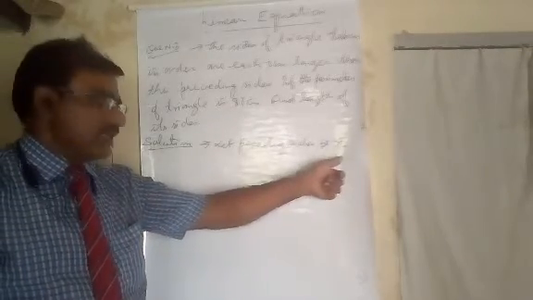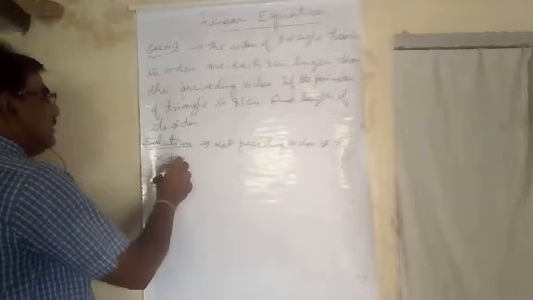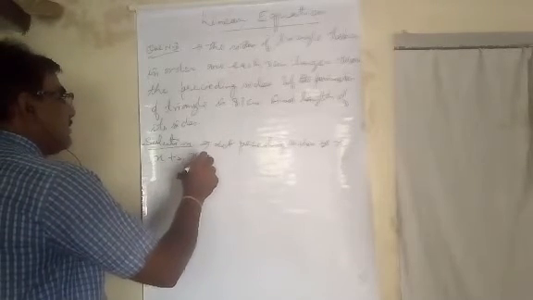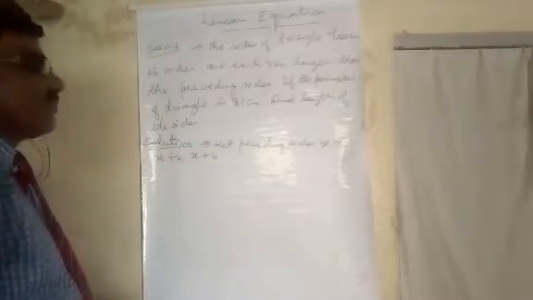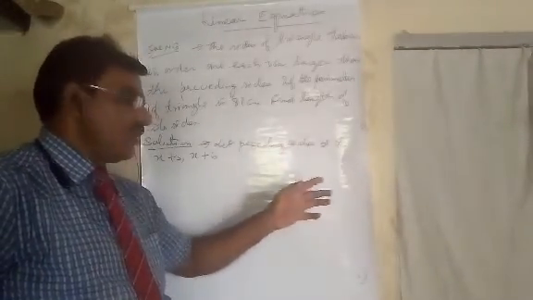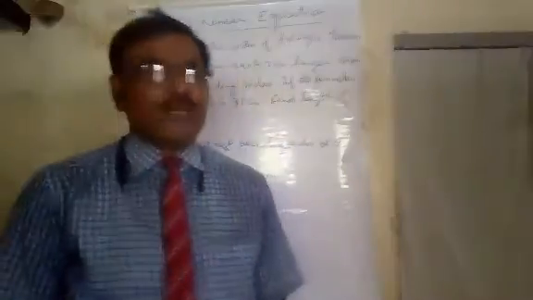First side is x, second one is x plus 3, and third one is x plus 6, because each side is 3 centimeter longer than its preceding side.